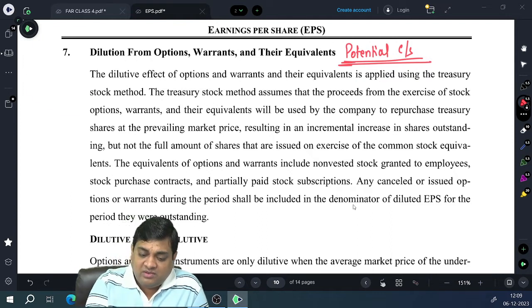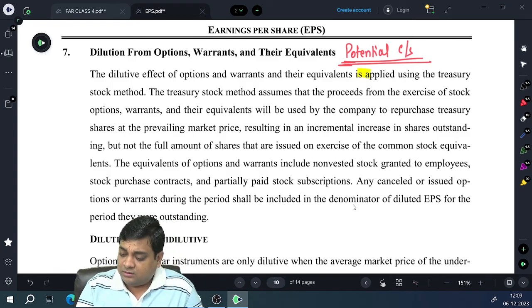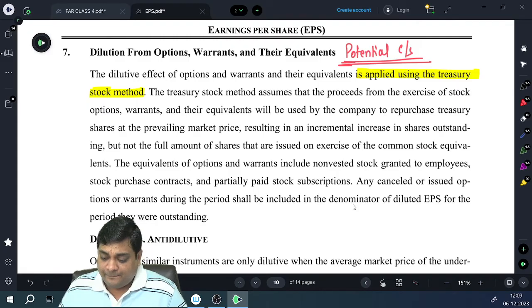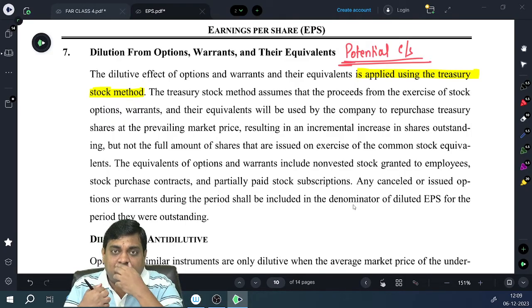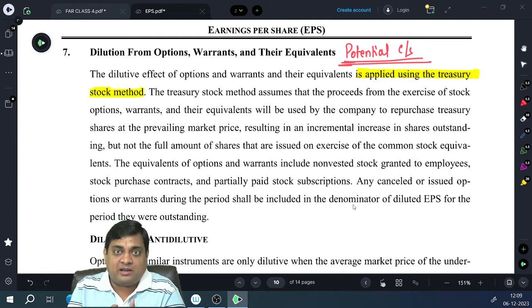So we apply here the Treasury Stock Method. I'll explain with the help of an example, right? So basically the idea is, whatever proceeds you are getting by issuing warrants and options of this type, you will be using that money to buy shares from the market.